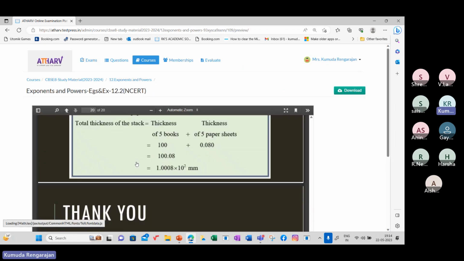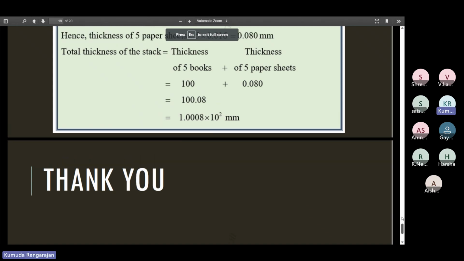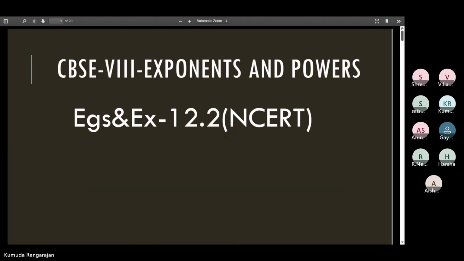This is exercise 12.2. Zoom in or full screen. You can see here. Exponents and powers, examples and exercise 12.2 NCERT.